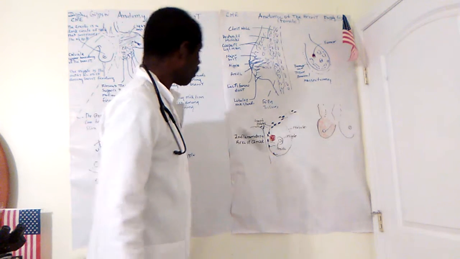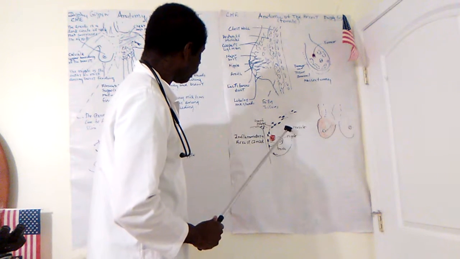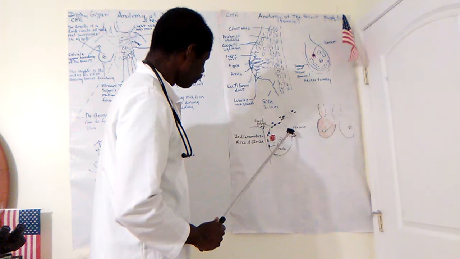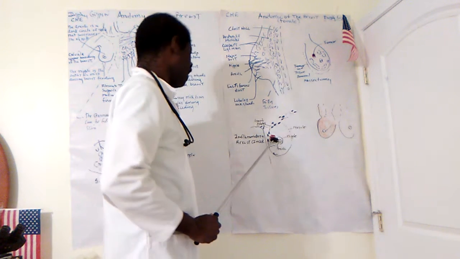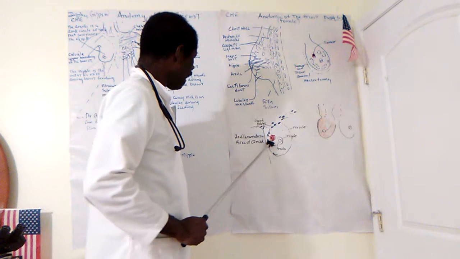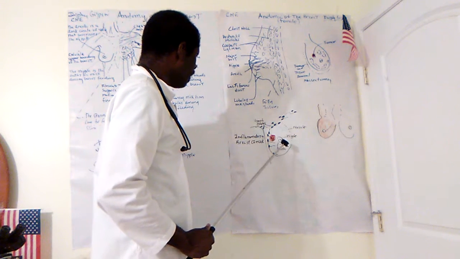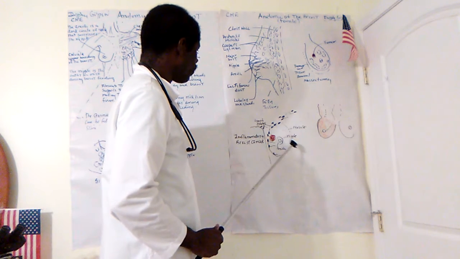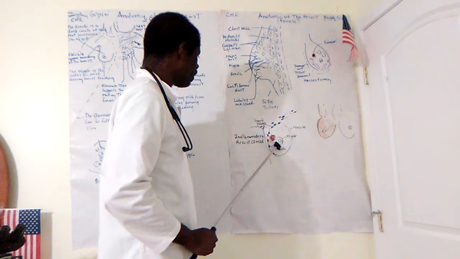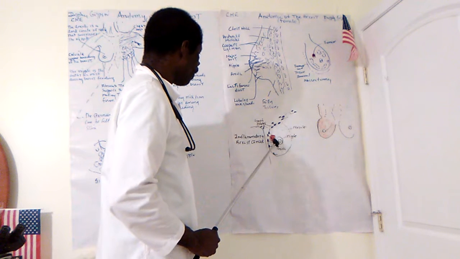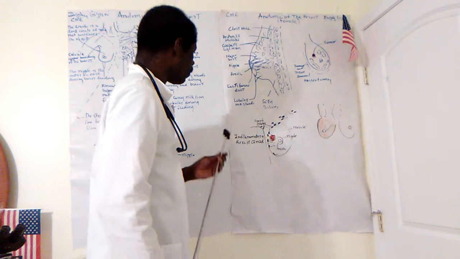As we'll come to know, there are many types of cancer. There are angiosarcoma. This is just a general cancer, but it could have been an angiosarcoma. You have another cancer, which is the invasive ductal carcinoma. Another type of breast cancer is the invasive lobular carcinoma, which is coming from the glandular tissues.